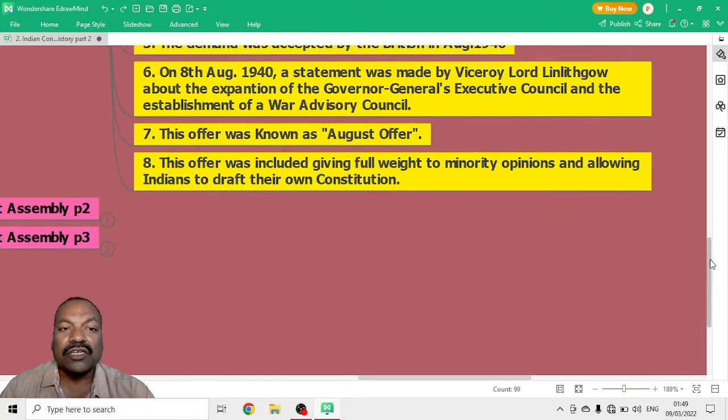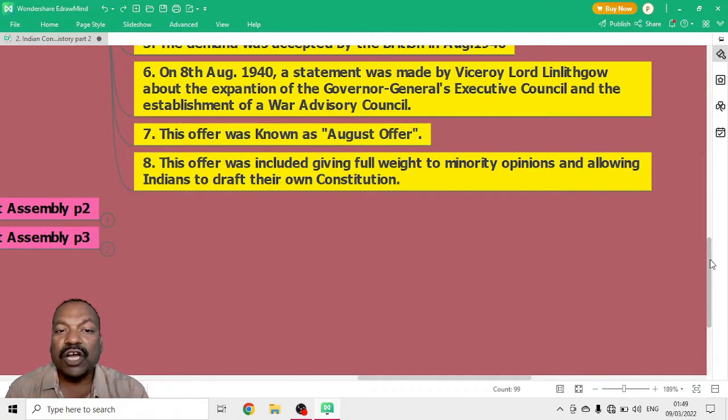On 8th August 1940, a statement was made by Viceroy Lord Linlithgow about the expansion of the Governor General's Executive Council and the establishment of the War Advisory Committee or War Advisory Council.